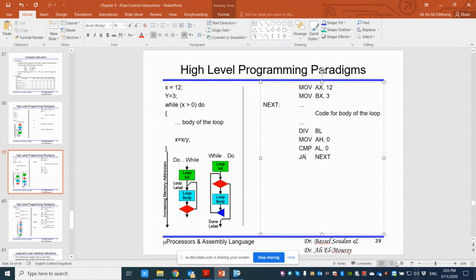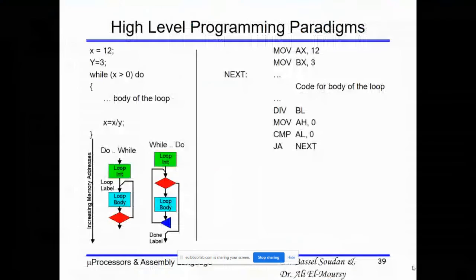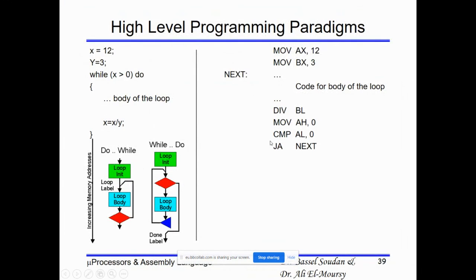There is a mistake in the slide, so it should be jump if above only, and I will correct this. So actually there is a kind of mapping between the while loop and the assembly language code.